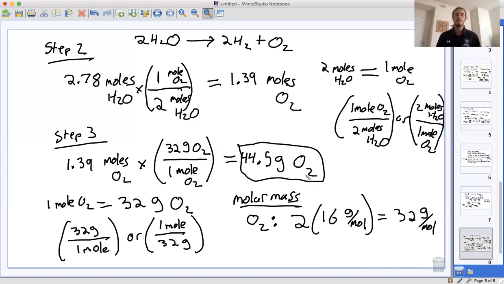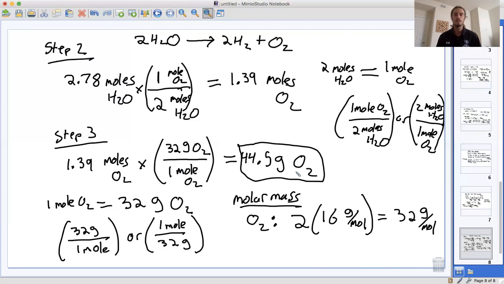So let's just double check and make sure things make sense. I had 1.39 moles. I know that 1 mole is 32 grams. 1.39 is bigger than 1 mole, so my answer should be bigger than 32, which it is. Makes sense.